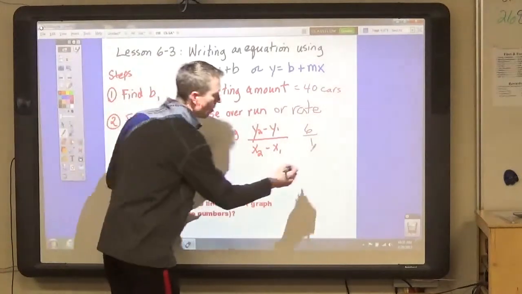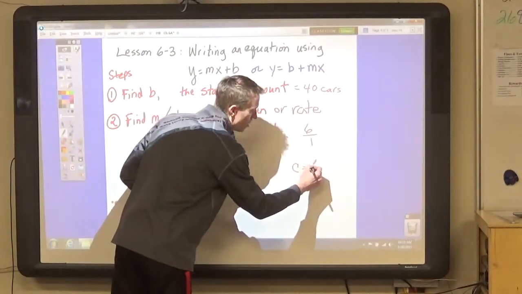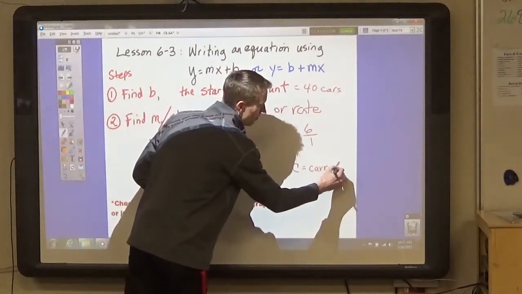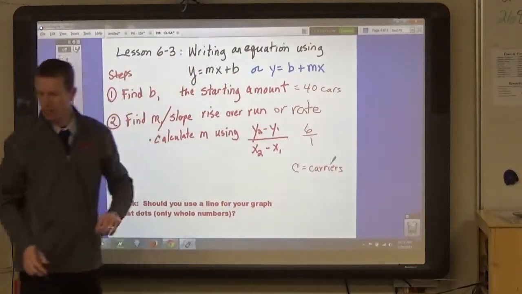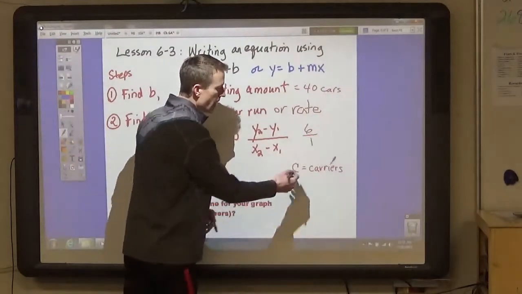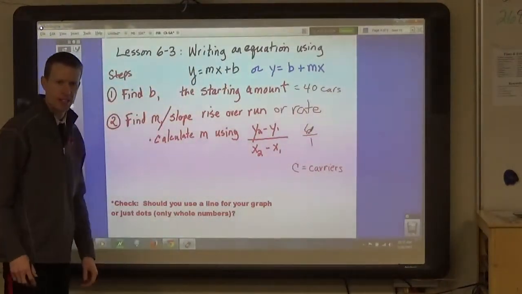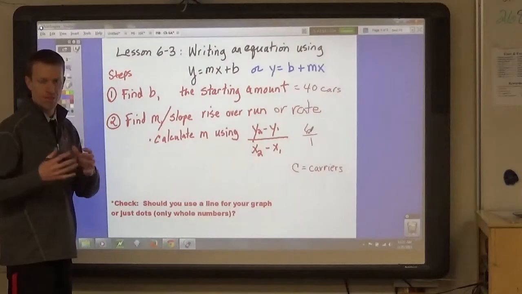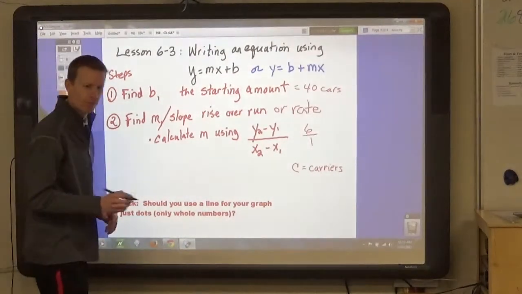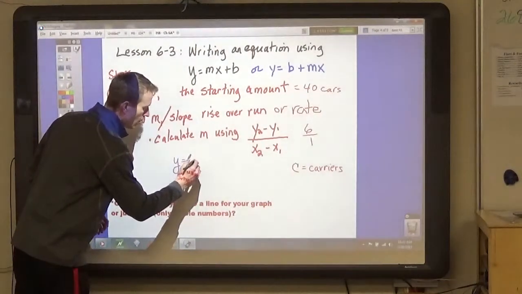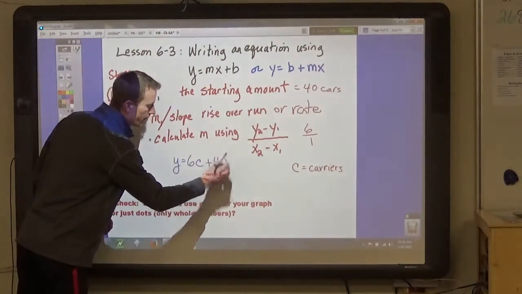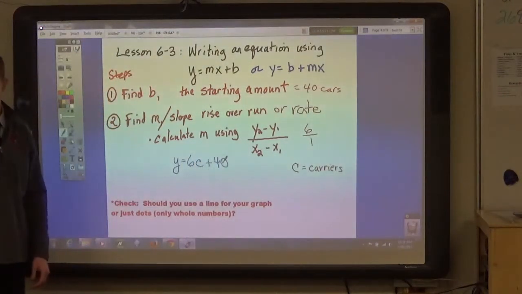So if we define C equals the number of carriers, then 6 times C will give us the number of cars being brought in, right? So what would our equation be then? y equals 6 over 1 C, y equals 6C plus 40. Exactly. Yep.